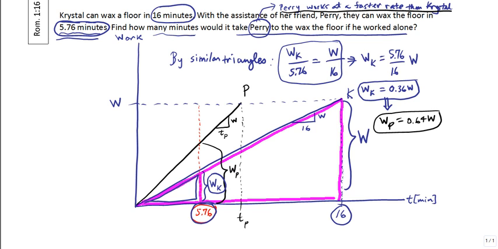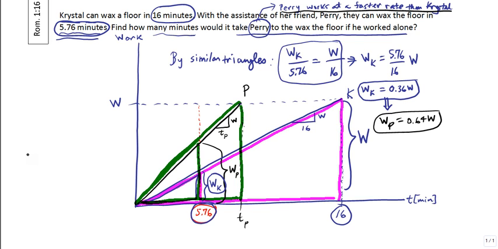Having done that, we can now look at two more triangles. So I'm going to look at this triangle versus this triangle. Alright, so let's look at those two triangles.